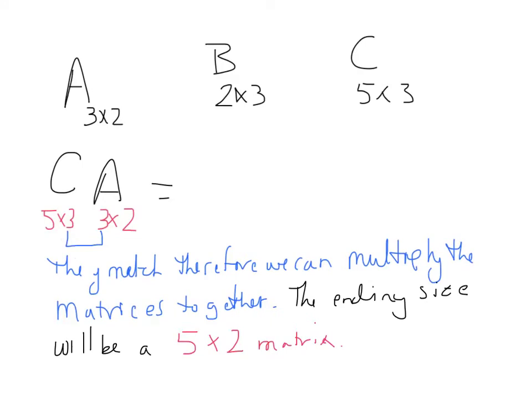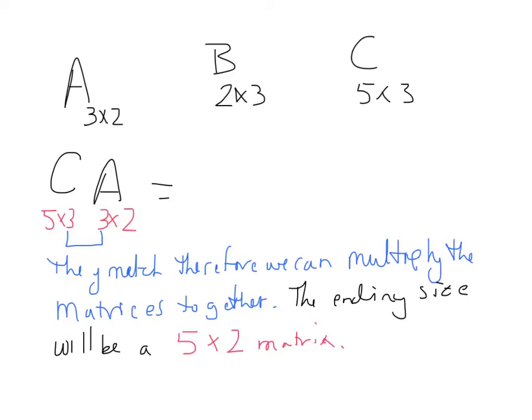And this 5 by 2 right here comes from this number 5 and that number 2. So that's why the size of this matrix is going to be a 5 by 2.